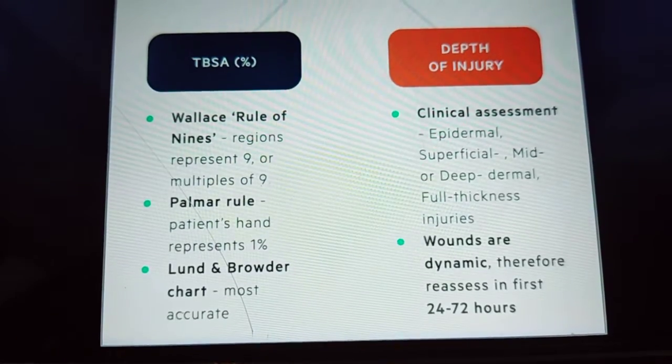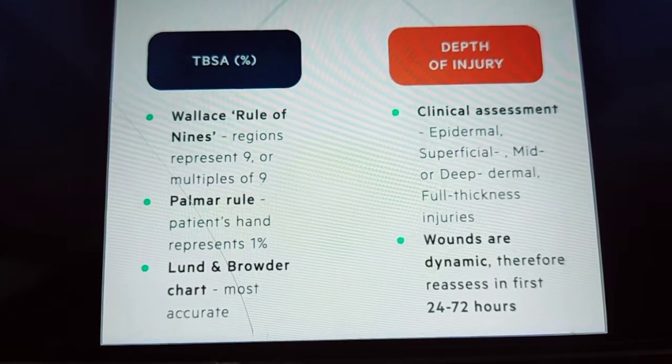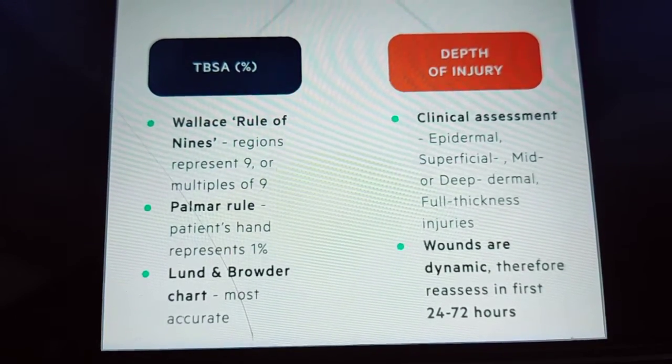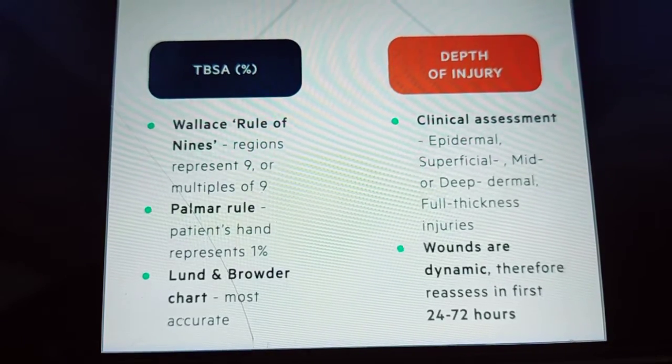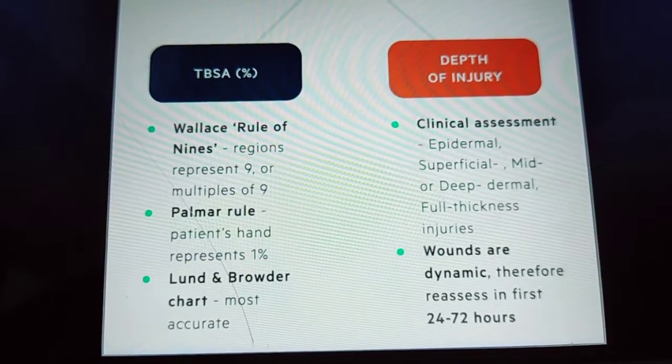After A to E assessment, the next step is to assess the extent of body surface area burnt. There is greater morbidity and mortality for burns patients if the burns are affecting the face, hands, perineum, ears, etc. The location is very important for assessing the potential disability.